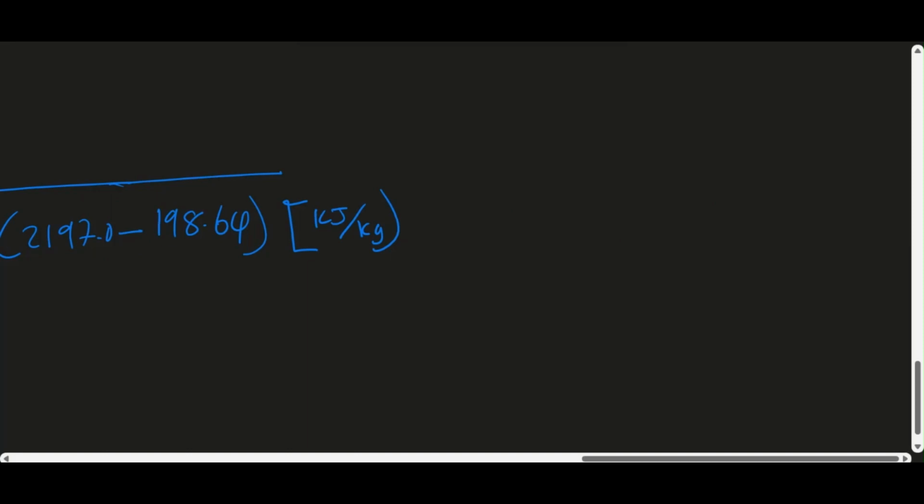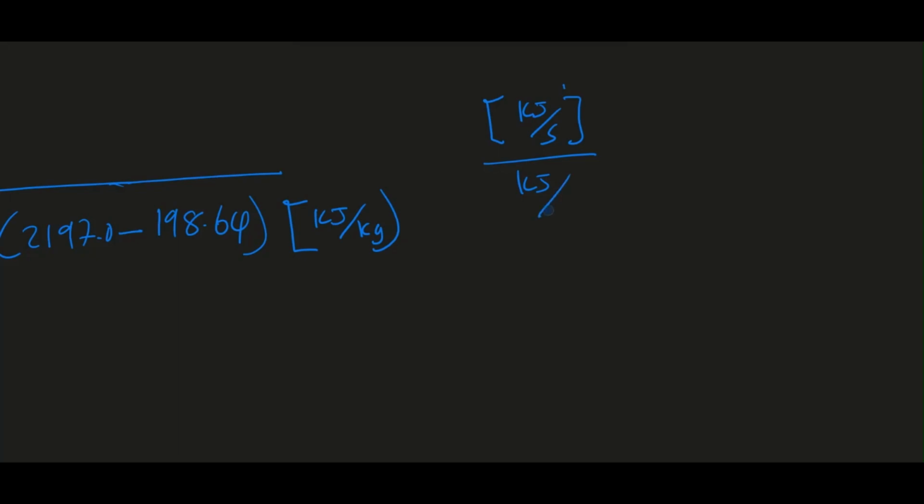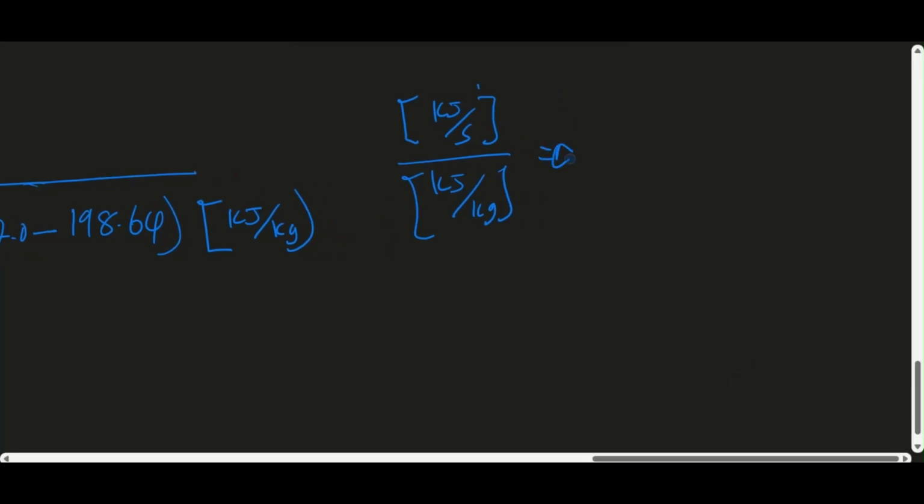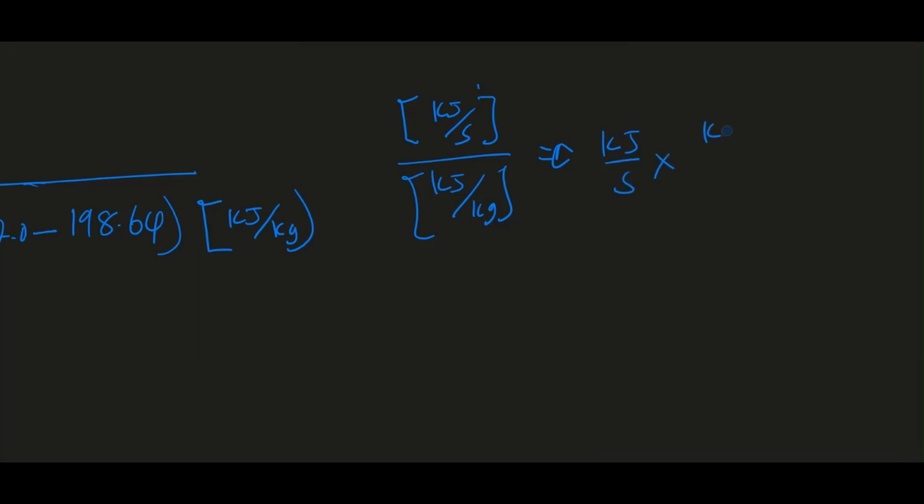So I can rewrite this as kilojoules per second divided by kilojoules per kilogram. Kilojoules over second multiplied by kilograms over kilojoules, the kilojoules fall away, leaving kilograms per second.